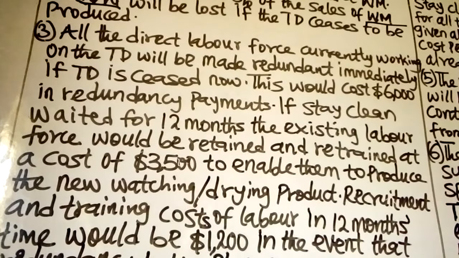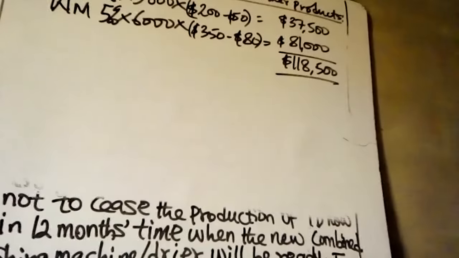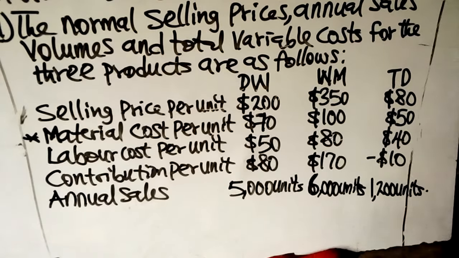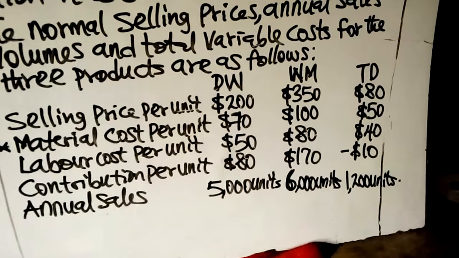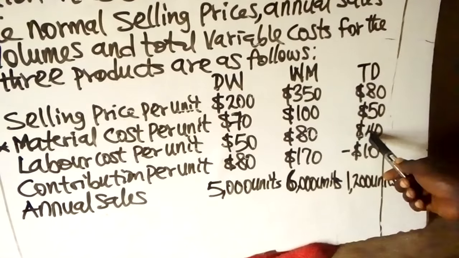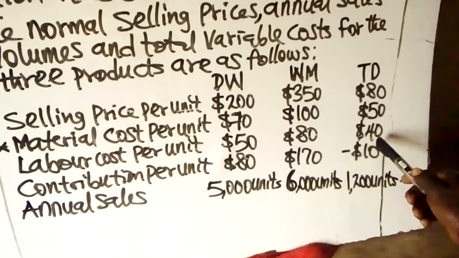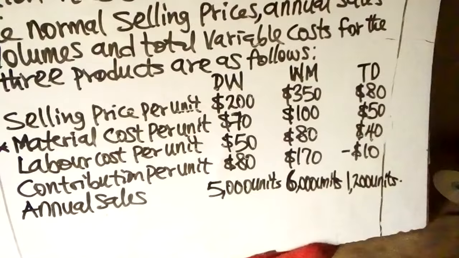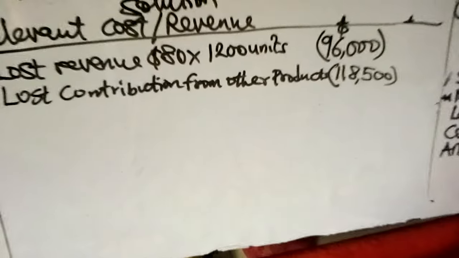So if you cease TD now, the normal labor cost you would have incurred on TD will no longer be incurred. The labor cost of $40 per unit, which would have been incurred from now till the end of 12 months, will not be incurred. That means the normal labor cost will be saved, which is 40 times 1,200.